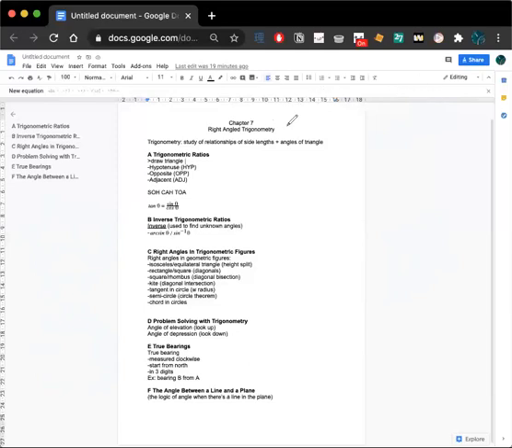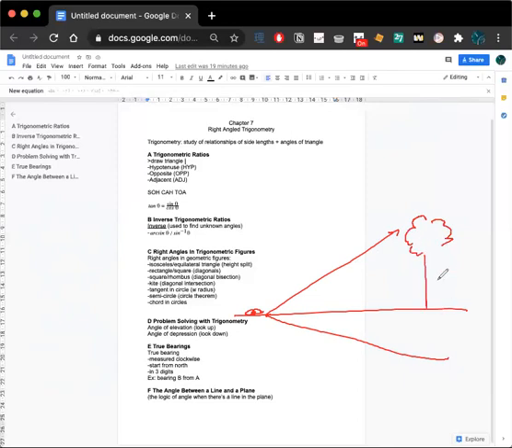Usually the question would ask, for example, someone is looking from ground level at the top of a tree that is at a distance of x, and the tree has a height of y, and then they ask you to find the angle of elevation.